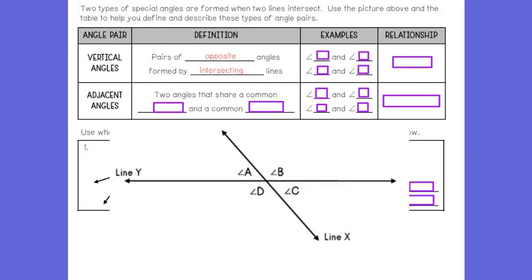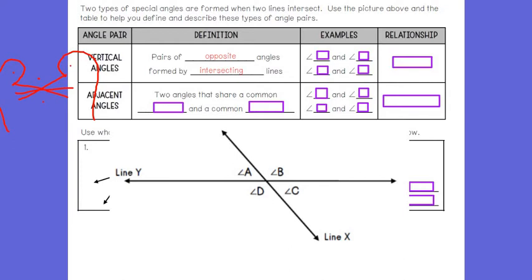I noticed with the V of vertical angles, these are really two V's pointing at each other, right? Those two are vertical angles, and up and down is vertical angles. I kind of thought of them as cute little ducks kissing. Their beaks are touching. So that's how I knew what was vertical angles.